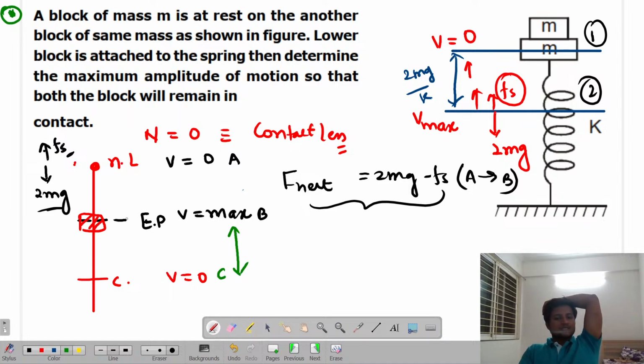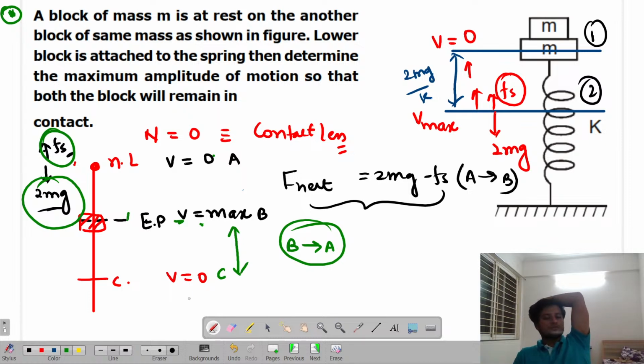So when the body starts to go from B to A, velocity decreases from maximum to 0 or not? So the retardation basically should be in downward direction or not? Yes. So which force is dominating? 2 mg is dominating with the spring force or not?